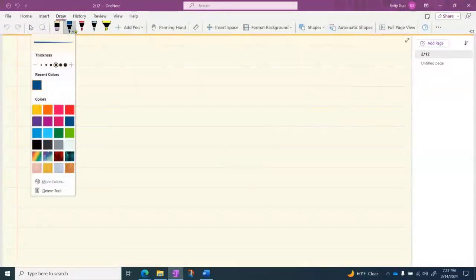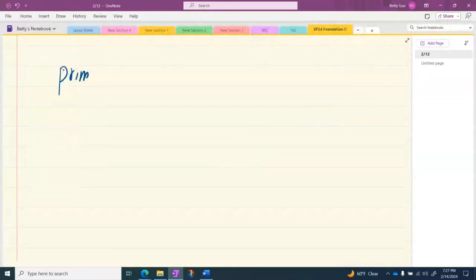We start from prime numbers. Let's write the definition of a prime number.